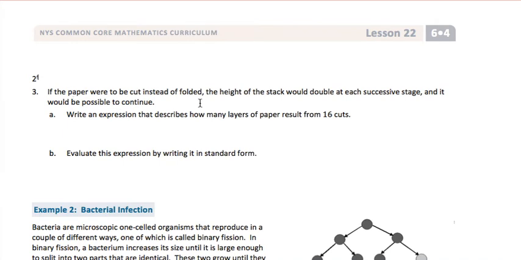If the paper were to be cut instead of folded, the height of the stack would double at each successive stage, and it would be possible to continue because we would not have all of that thickness involved as well.